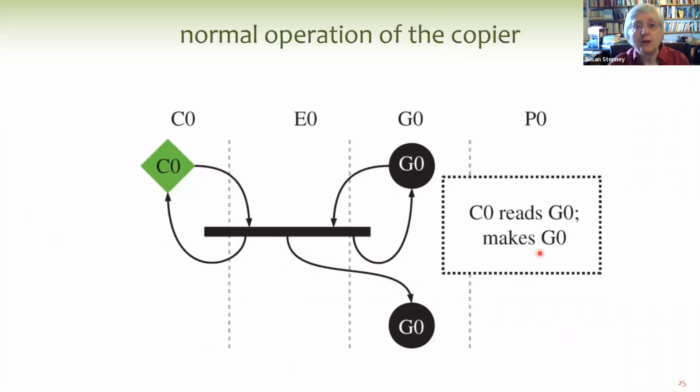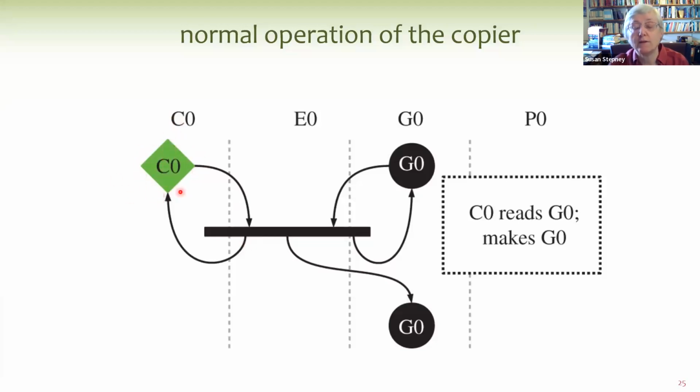But okay, so this is the normal operation of the copier. This is just a kind of flow chart. The time runs down. The black line represents the place where the two strings are bound and are reacting. So here we start off with the initial copier.